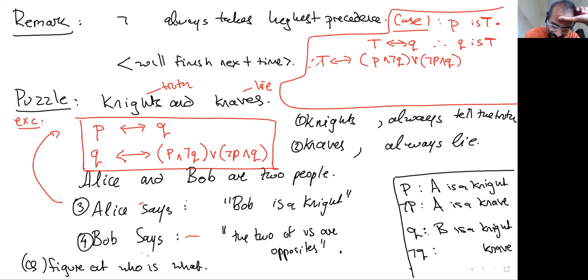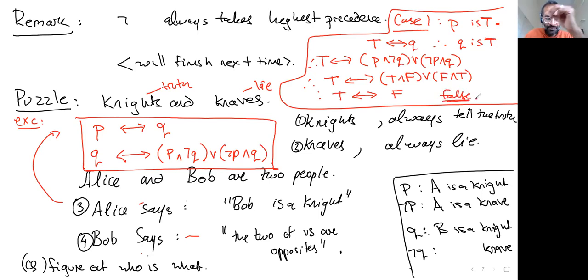But now let me just plug in what P and Q are. P and Q are both true. This is true if and only if I have true and false, or false and true. This is true if and only if false, and this is false. Right?